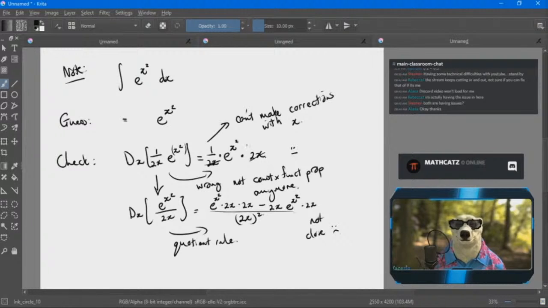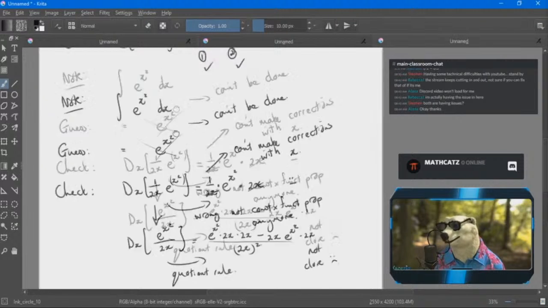I can only correct numbers popping out by a power rule or something. I can't make corrections with x's. So in fact, it can't be done. There is literally no function I can write down that is the antiderivative of e to the x squared. It cannot be done.